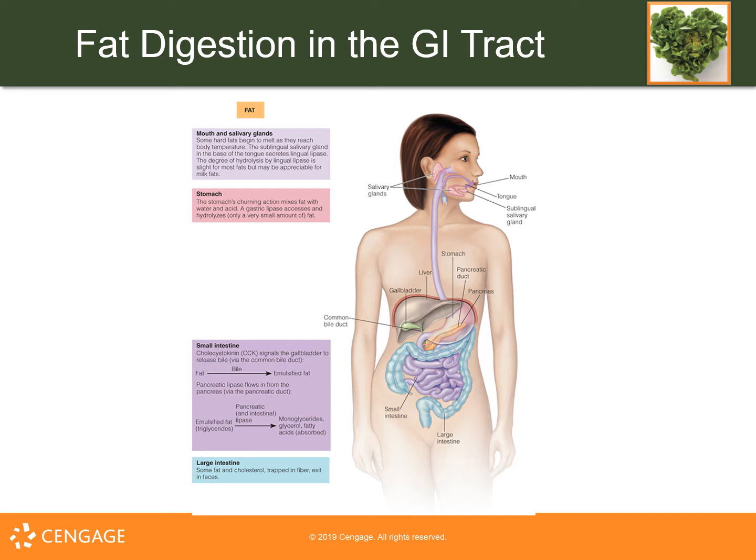That helps expose them to gastric lipase, but we still have minimal fat digestion in our stomach. Once in the small intestine, fat triggers the release of cholecystokinin, which tells the gallbladder to release bile. Bile is an emulsifier. Then pancreatic lipase is released into the small intestine, where most digestion and absorption of fat occurs.